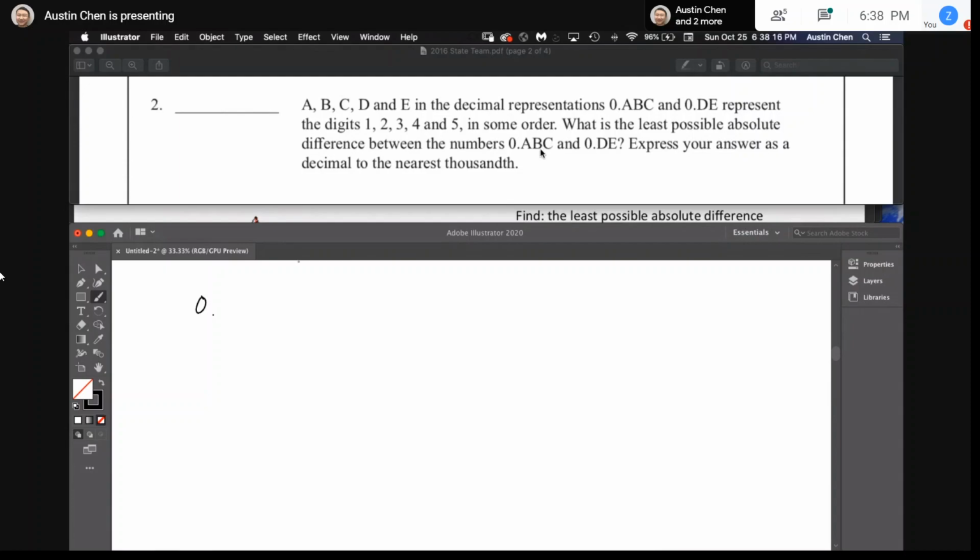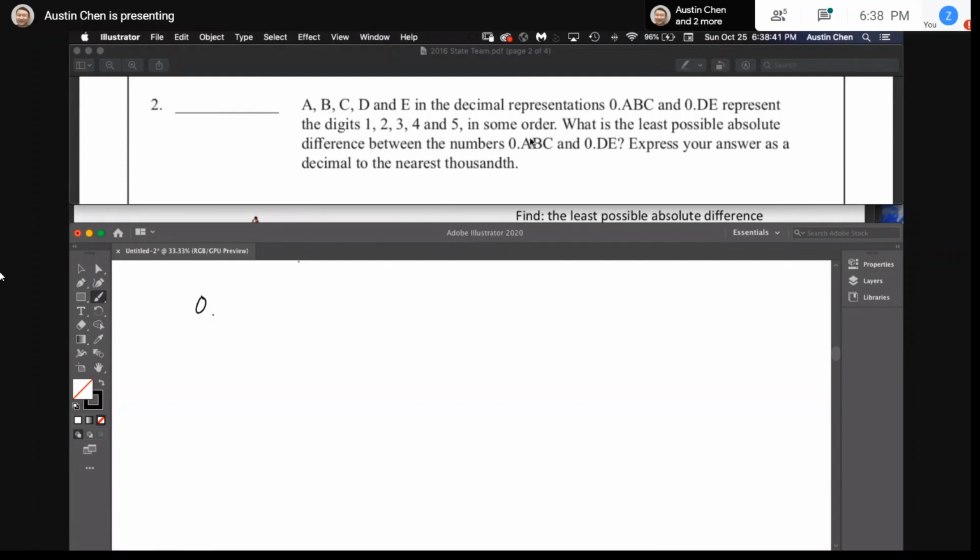Well, if we assume that A is our smaller number, where we have A and D 1 apart, and D is our bigger number, then we want B and C to be as big as possible, to be closer to D, and we want E as small as possible to be closer to A, B, C.